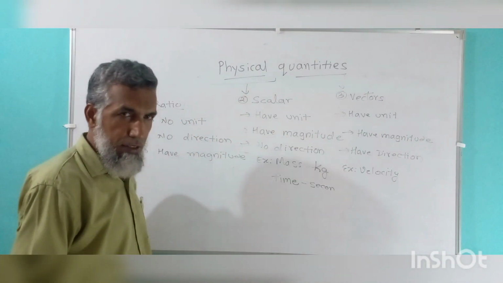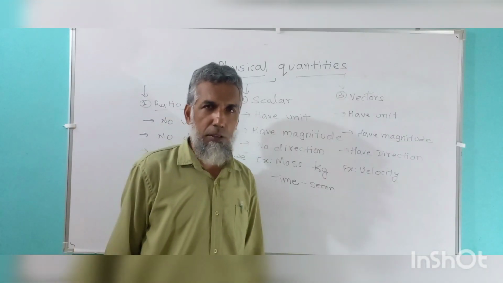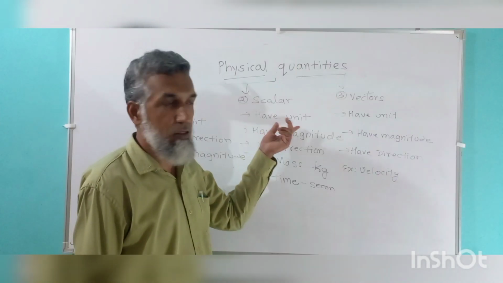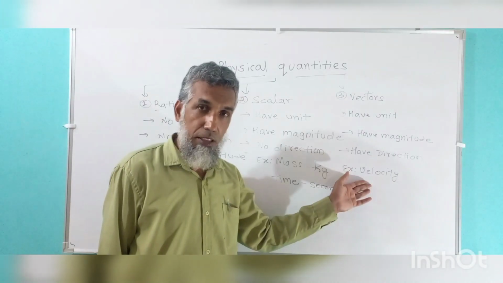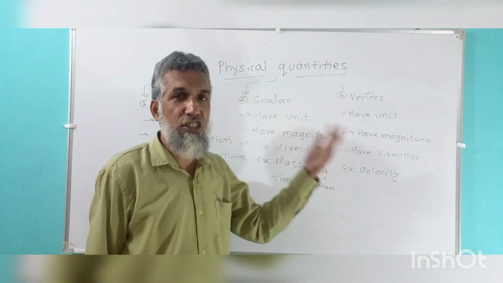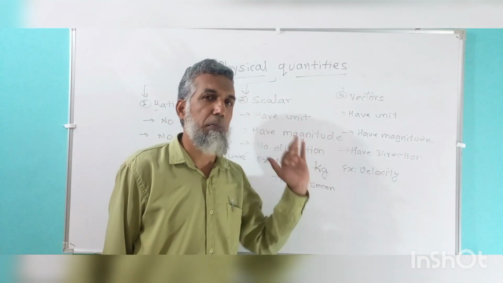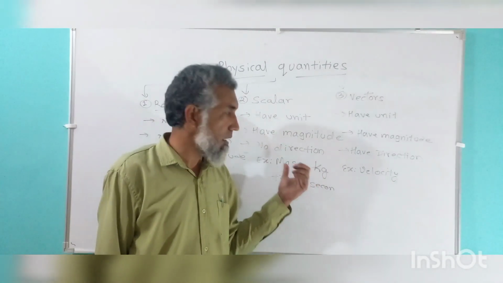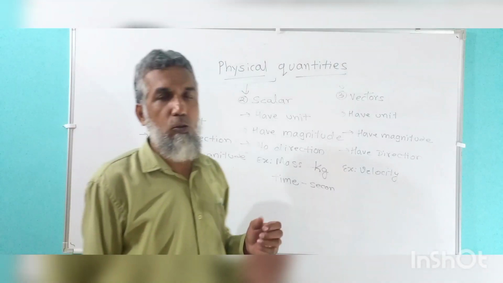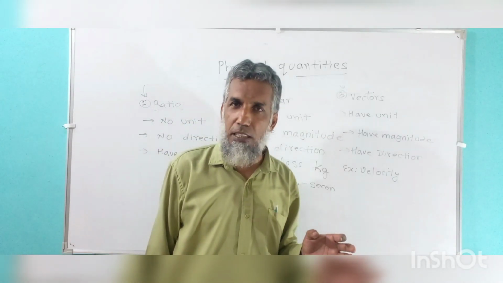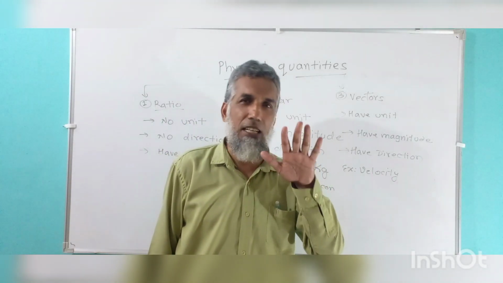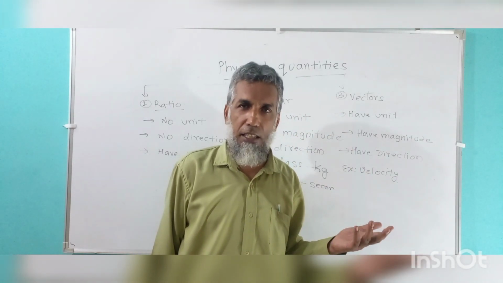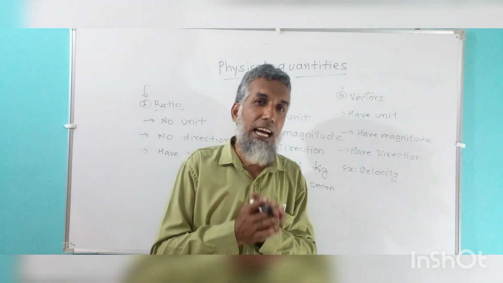So velocity is suppose 60 km per hour. So kilometer per hour will be its unit. So it is having unit. Magnitude 60. See, we are saying 60 km per hour. So 60 is magnitude. It is having magnitude also. And direction. To express the velocity completely, to give a complete picture about the velocity of a bike or car, anything, you have to assign the direction.